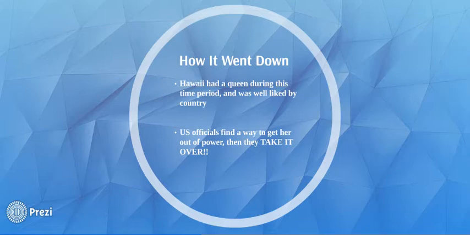So what the U.S. does is find a way to basically overthrow the queen. They take her captive, hold her hostage, and annex the territory of Hawaii. So now Hawaii is officially an American territory in 1898.